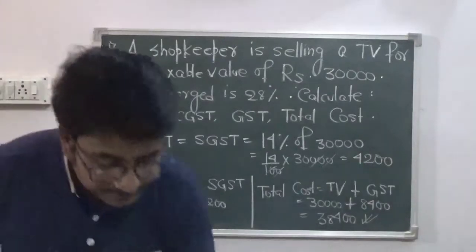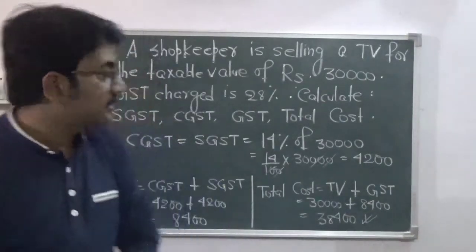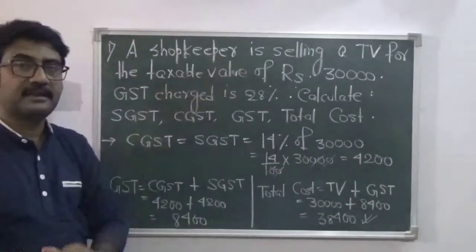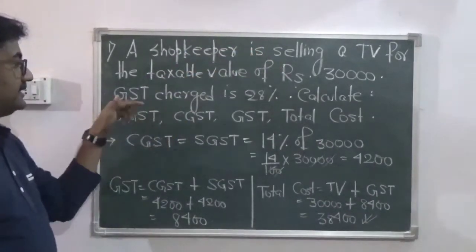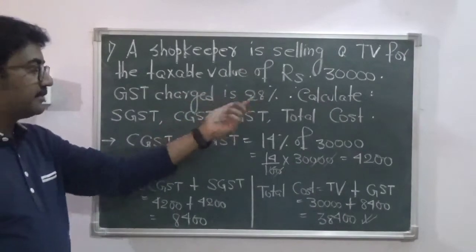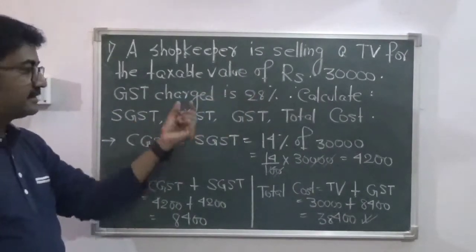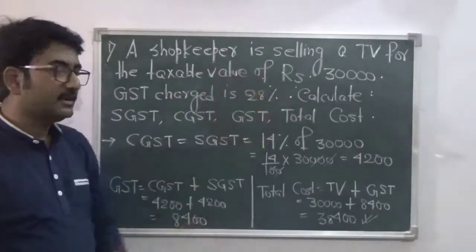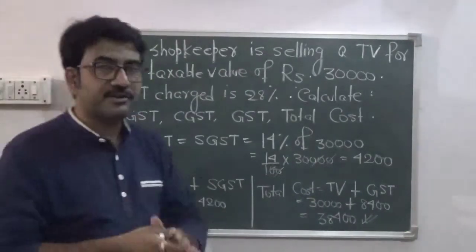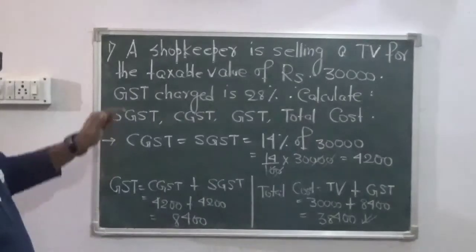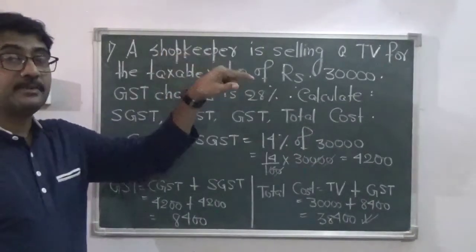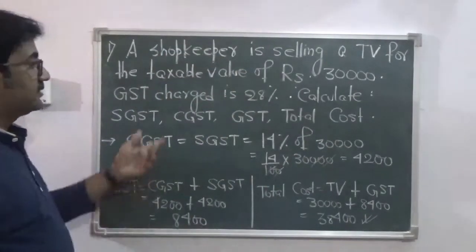Let me check the answer. Yeah. So I repeat, the shopkeeper is selling a TV for the taxable value of rupees 30,000. GST charge is 28%. Now calculate the SGST, CGST, GST and total cost. Since it is an intra-state transaction, because nothing is mentioned here, the taxable value or the selling price or the purchase price is equal to 30,000.